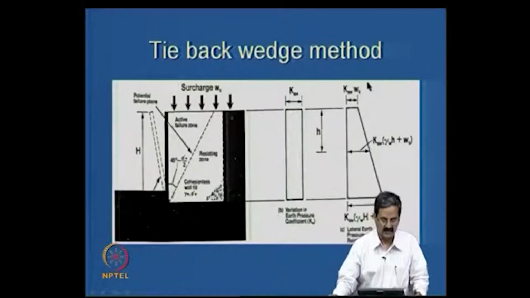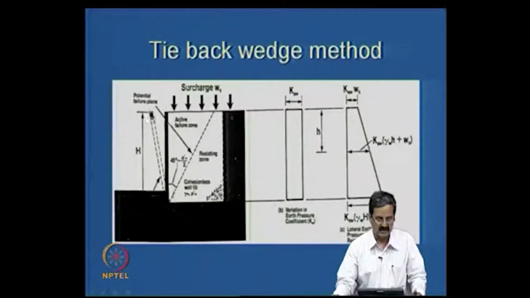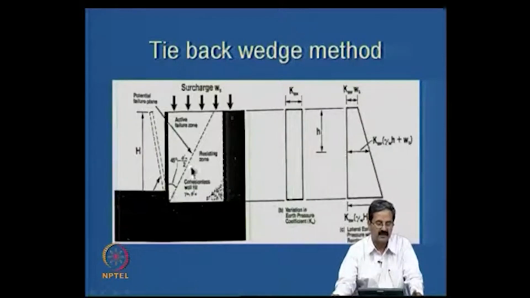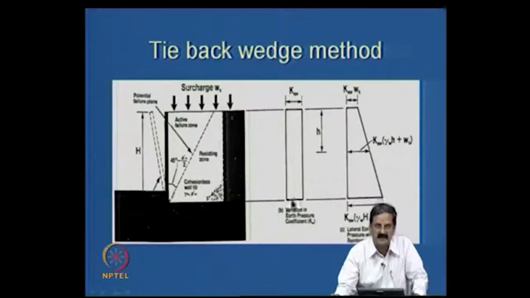And some of the assumptions are that the rotation is about this point, and the earth pressure distribution is like this. 45 minus phi by 2 is the active failure zone. This is the failure zone at which the failure surface forms, and we assume that the wall is cohesionless and rotates about this, and the earth pressure variation is assumed the same everywhere.